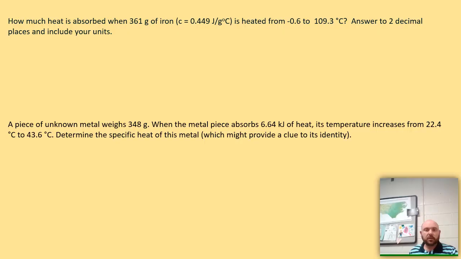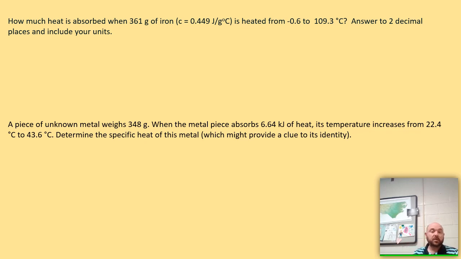So here on this slide, we have our first examples of how to use the heat equation to determine the heat lost or absorbed during a process. Our first example here says how much heat is absorbed when 361 grams of iron is heated from negative 0.6 to 109.3 degrees Celsius.